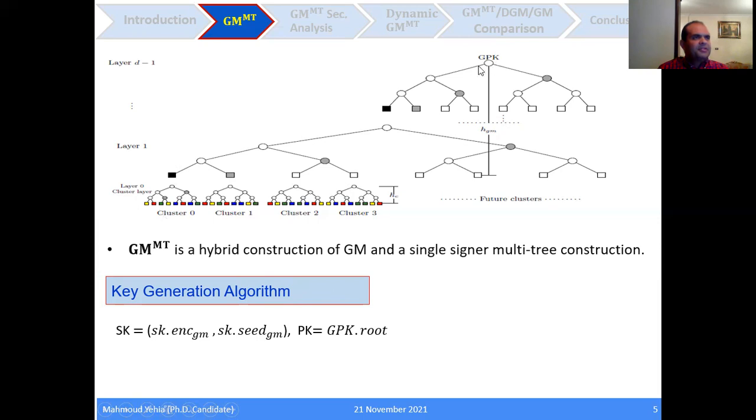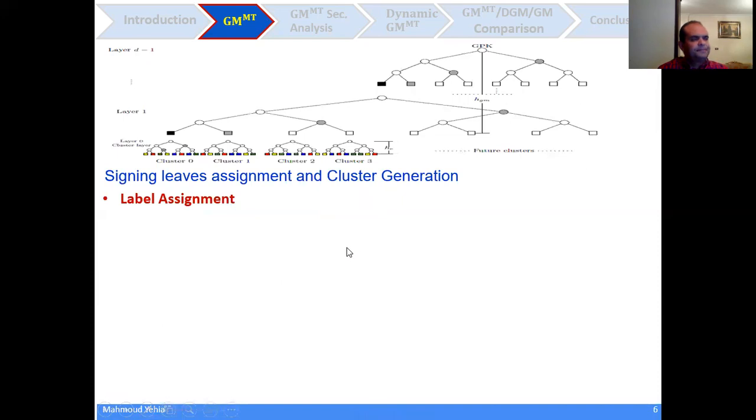The upper tree root is the group public key. Also, each group member generates their secret key SKI, which is used to generate the secret keys of their one-time signing keys at each cluster.